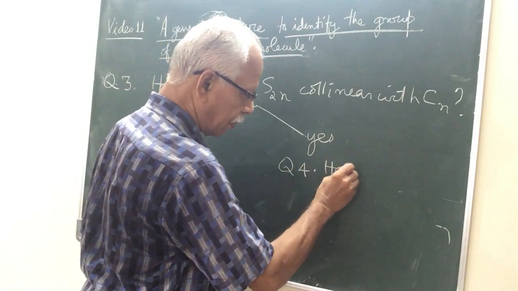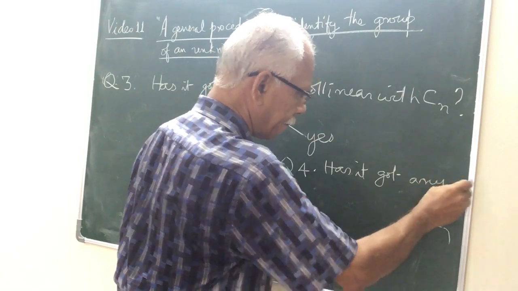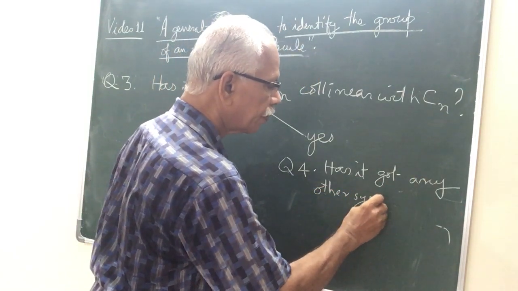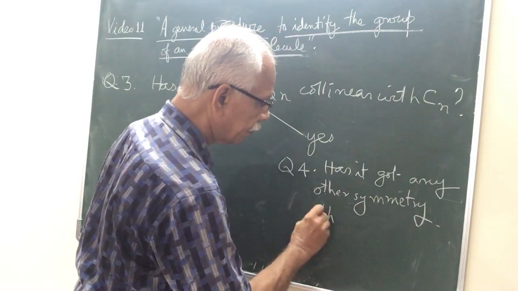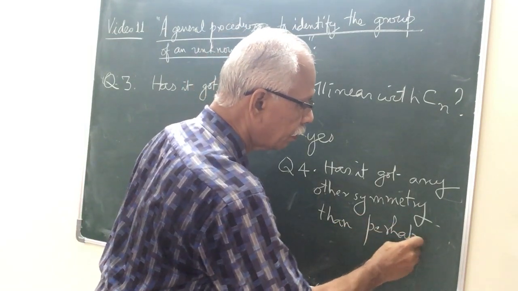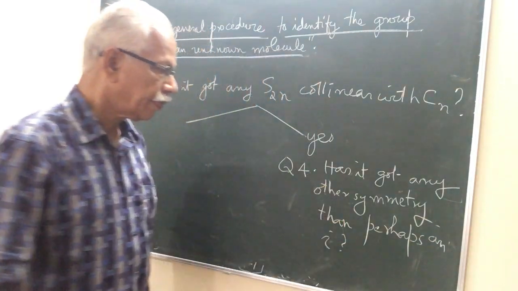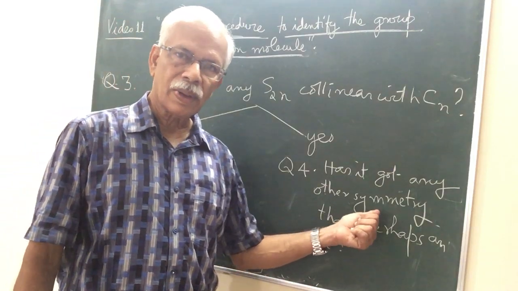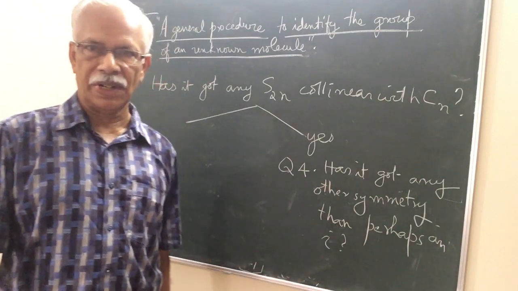Has it got any other symmetry than perhaps an i? If there is an S2n, you have to ask, has the molecule got any other symmetry than perhaps a center of symmetry?